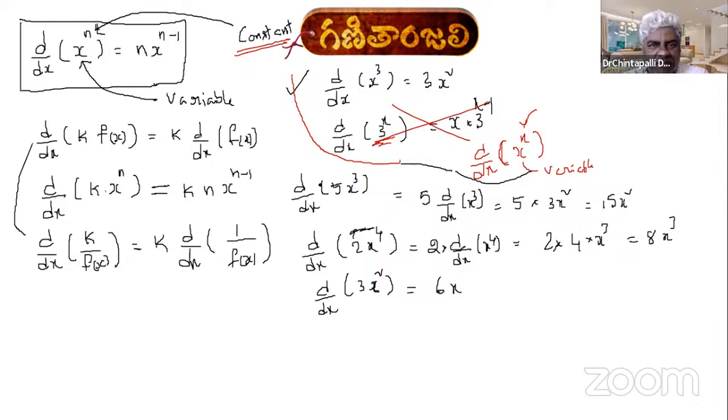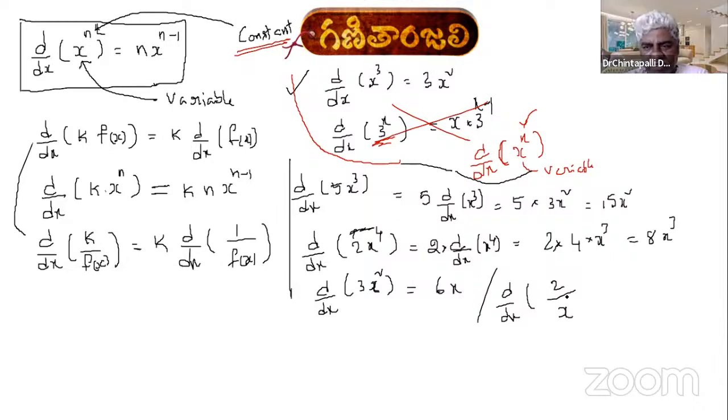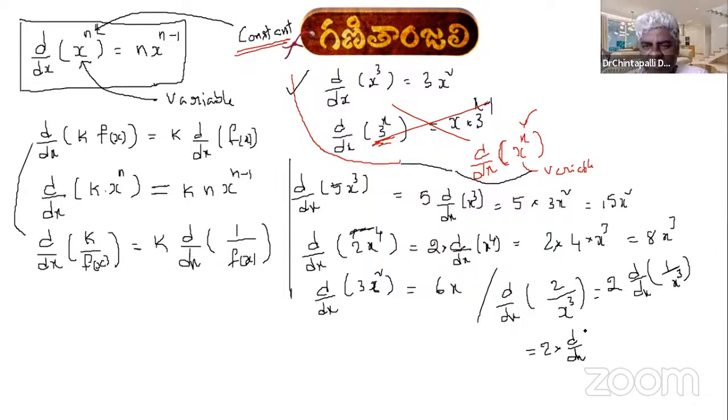Application of this formula is d by dx of 2 by x cube. How to write it? 2 times d by dx of 1 by x cube, right? Later on, 1 by x cube means x power minus 3.